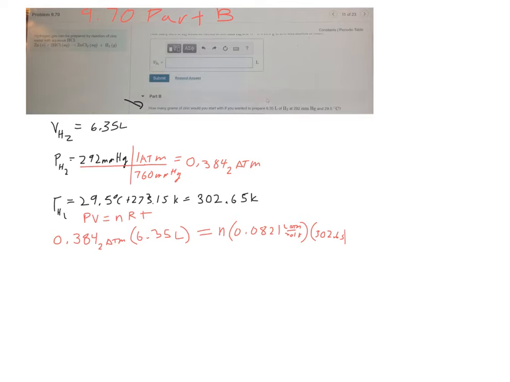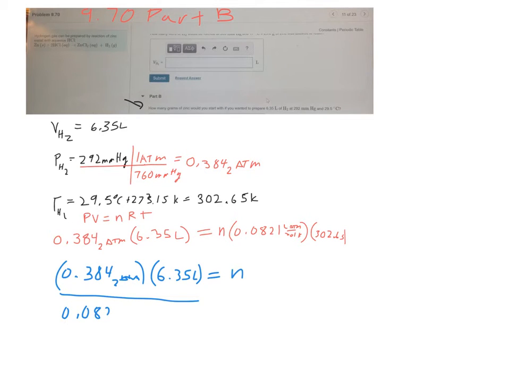And that's going to give me 0.3842 atm times 6.35 liters divided by 0.0821 divided by 302.65 Kelvin, and that gives me my number of moles: 0.09819 moles.